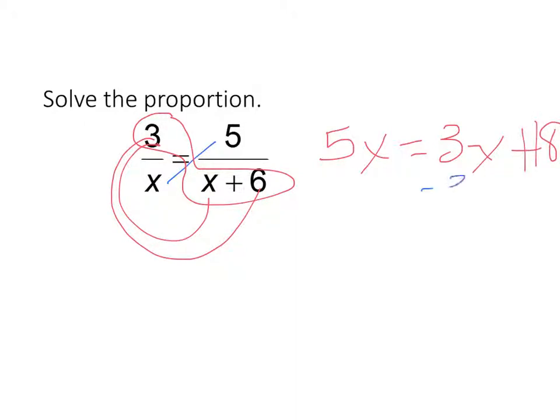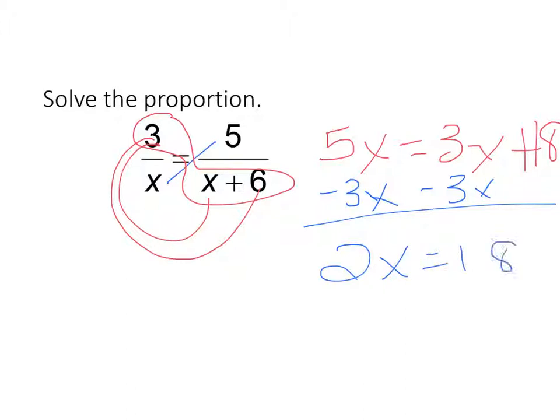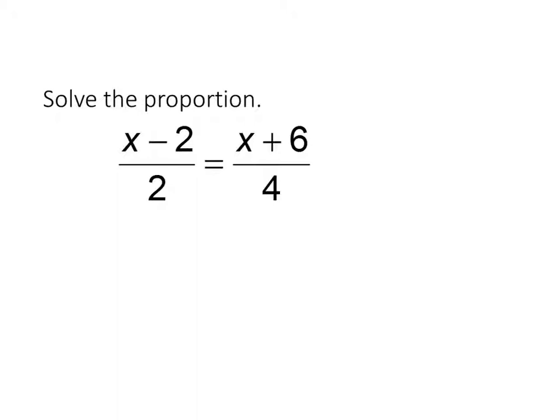So I'm going to subtract 3x from both sides. So I have 2x is equal to 18. Then I'm going to divide by 2, and x equals 9. Just simple cross multiply, divide is how you're solving these ratios and proportions.